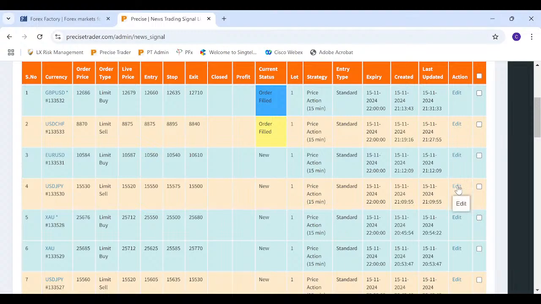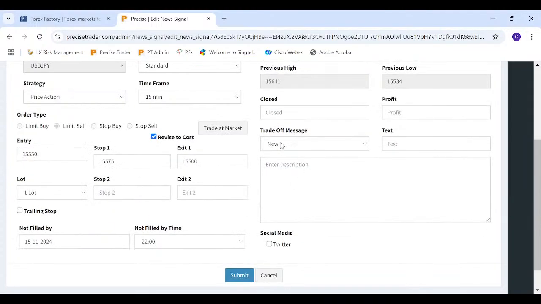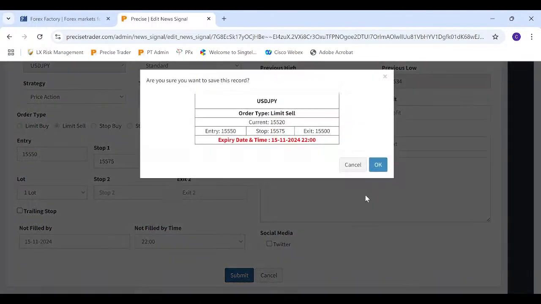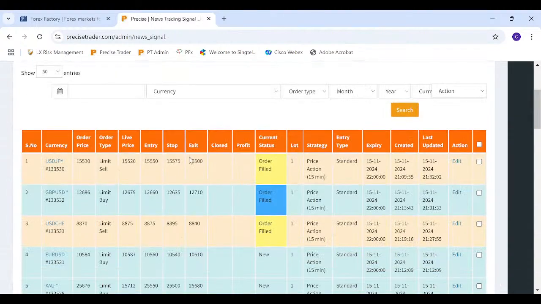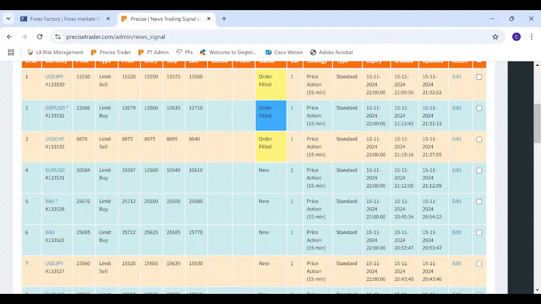Dollar yen was filled. So we have three trades that are filled. Okay, pound is a bit weak. I think we are getting mixed data, no?